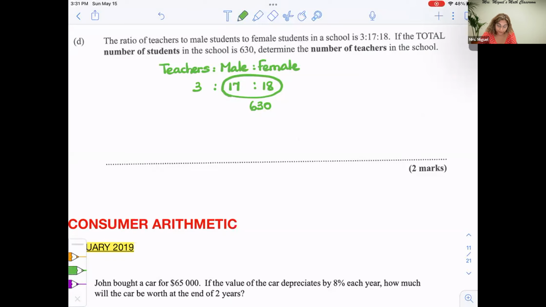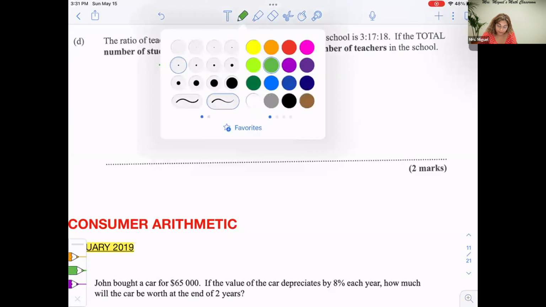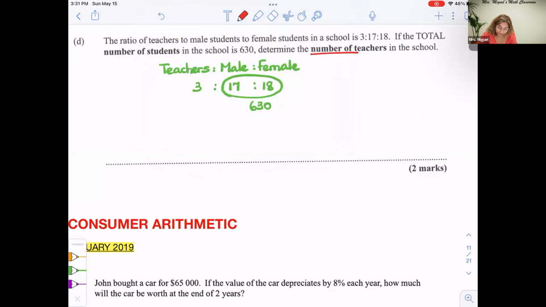All right, so we want to find the number of teachers, and it helps when we underline what we are trying to find. 17 plus 18 is 35. So 35 parts is equal to 630.